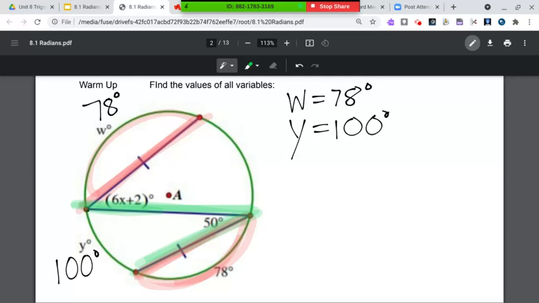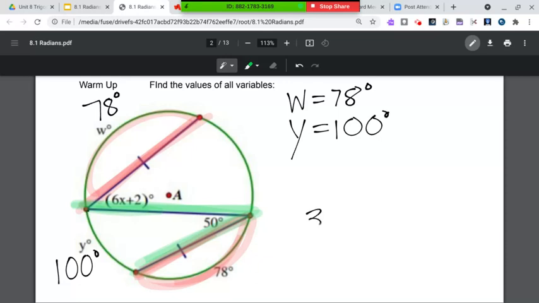Okay, the last thing that we want to solve for is x. So what we're going to do is we're going to add up the arc measures that we have. 78 plus 78 is 156. 156 plus 100 is 256.